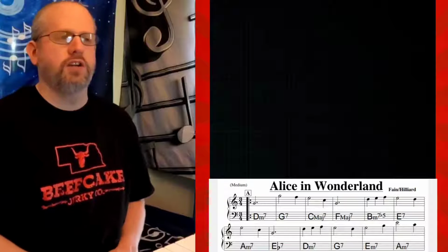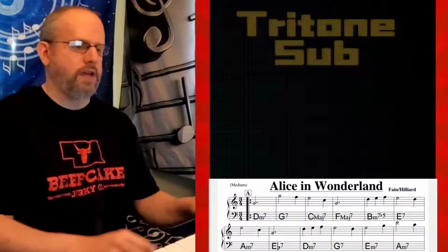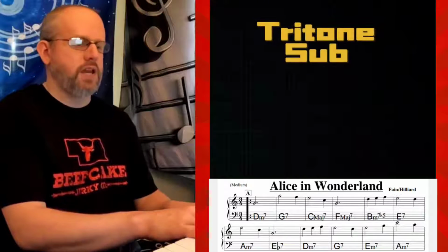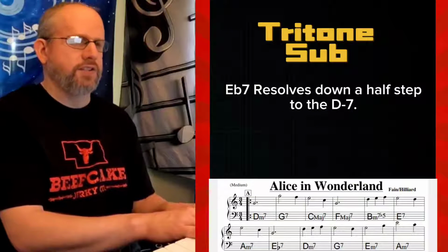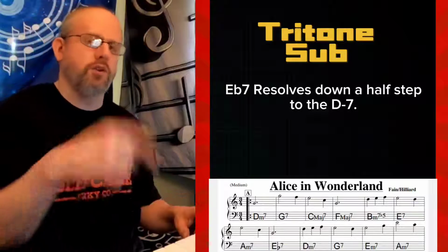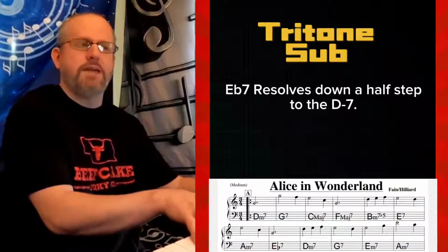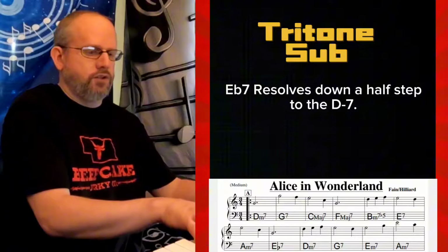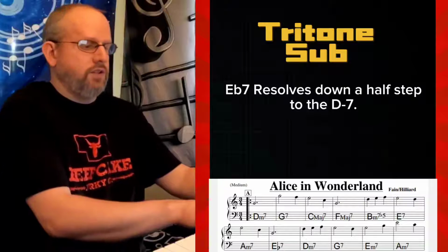What we're going to consider this is a tritone substitution. It is exactly a tritone away from the A chord that was just played, and it's exactly a half step away from the chord that follows it, which is the D minor 7. So we're going to go from the A minor 7 to the E flat 7 to the D minor 7.